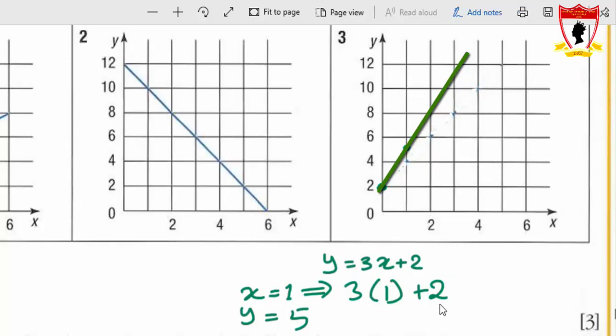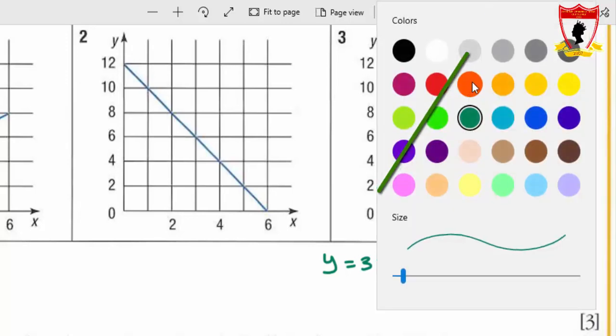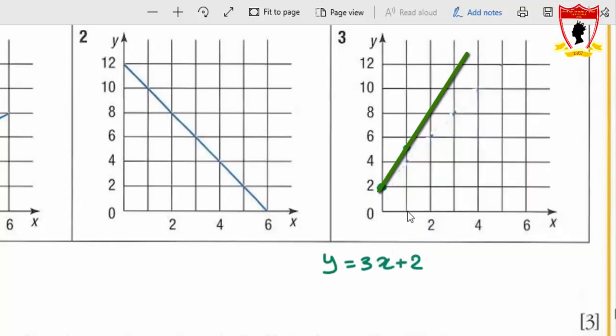The graph of L is parallel to this one. Then the graph of L has 3x in it and it passes through (1, 7). (1, 7) is here. 1 in x, 7 in y. It was 5 here and this is 7 here.